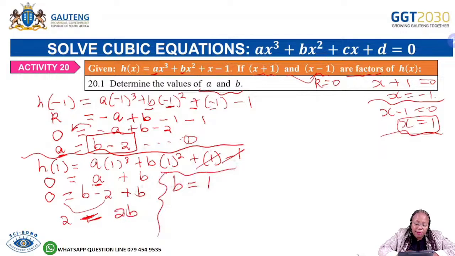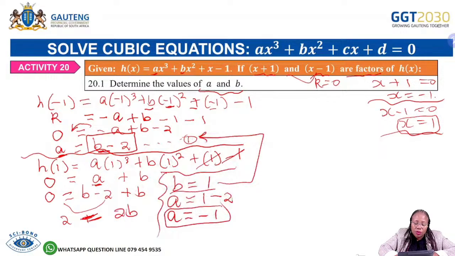Okay, and then to find the value of a, we are substituting this b in the equation 1. So a is equal to 1 for b, and then minus 2. That will be a is equal to minus 1. So those are the values for a and b in your equation.